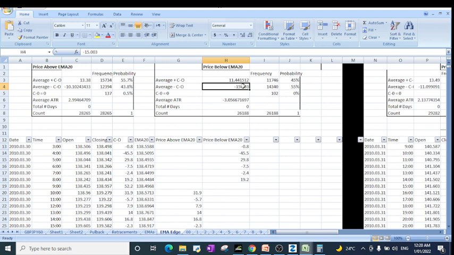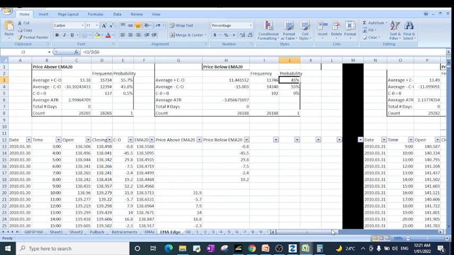If price is above the moving average, you get bigger, stronger pushes. The probability of getting a red candle when we are below the 20 period moving average is like 55%. It's the mirror opposite: here is 55%, here is 43%, and here the bullish candle is 45%.